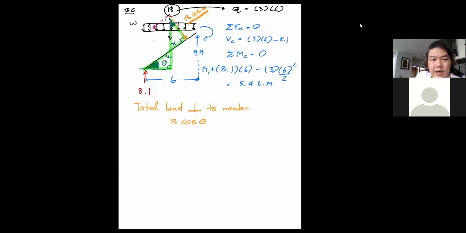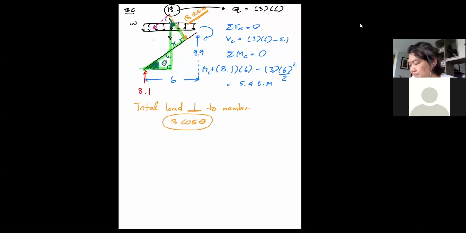But another thing that you cannot do is to change the nature of the load. If it is a uniform load, it must remain a uniform load in the end. So we now know the total load that acts on the member. We need the uniform load. We don't need the total load.